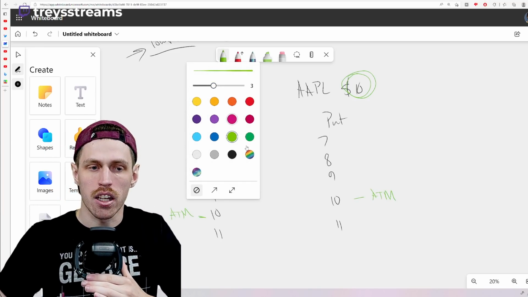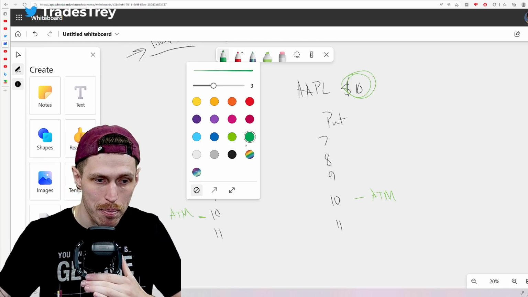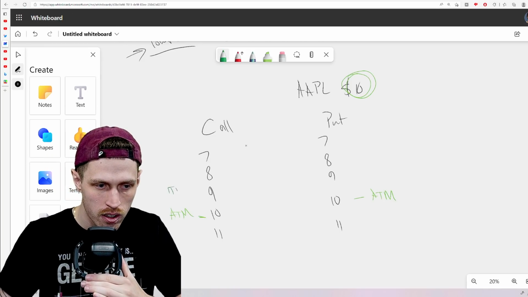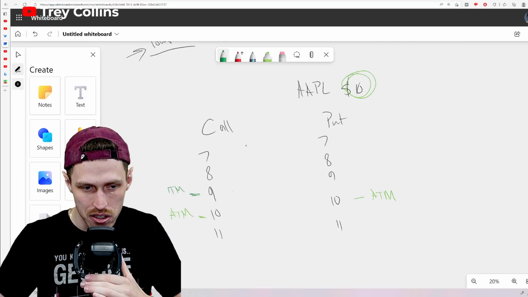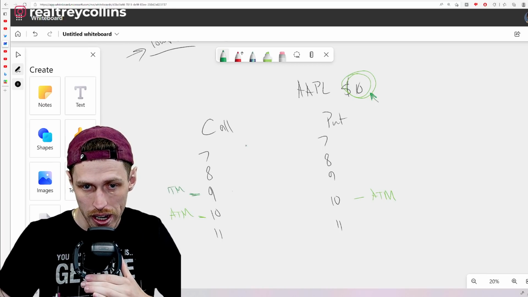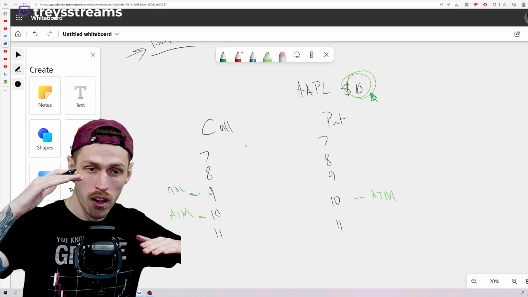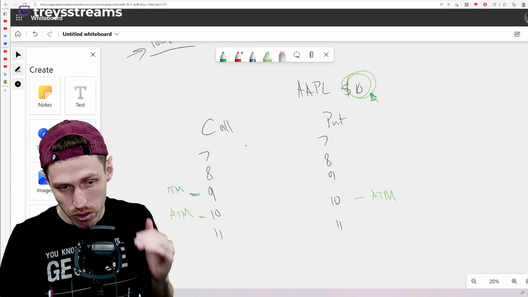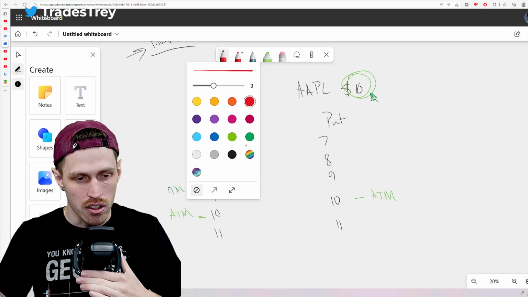Next, we're going to talk about in the money. Now, if you were betting on a call, the stock price is currently at $10, and you decided that you wanted to buy a $9 call. This is in the money. Why? Because the strike price is below the current actual stock price. That means that if the strike price is lower for a call than the current stock price, it is in the money. The $11 strike, you can probably imagine, is out the money.